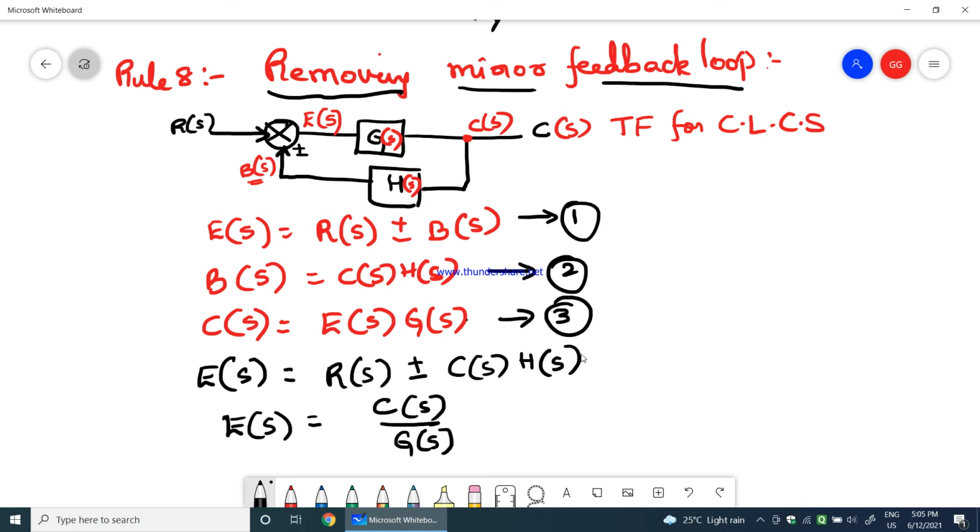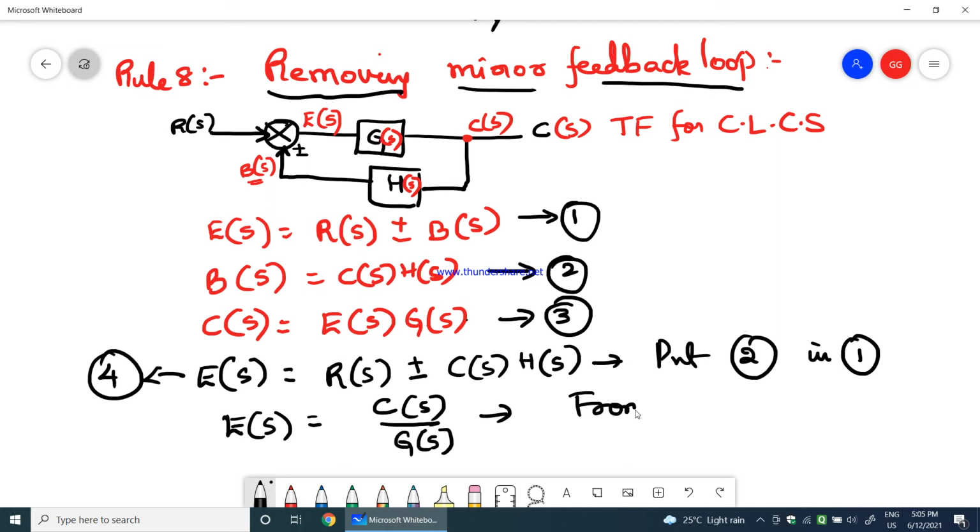Now I put 2 in 1 and I get equation 4. Then from 3 we get equation 5.